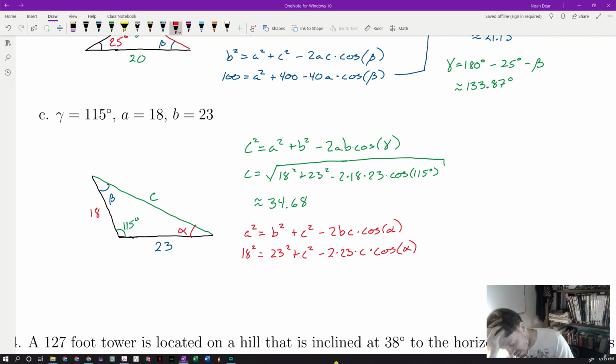Subtract and divide gives us cosine of alpha equals 18 squared minus 23 squared minus C squared over negative 46 times C. So alpha equals the cosine inverse of all of that.